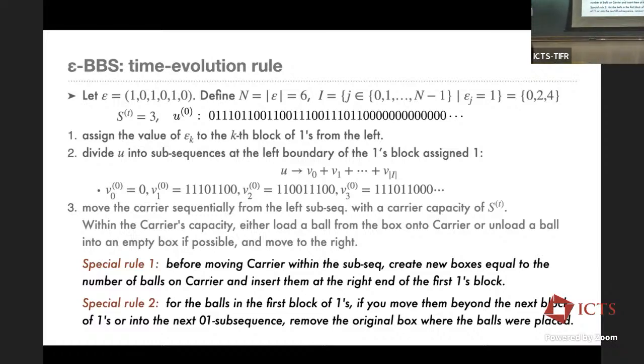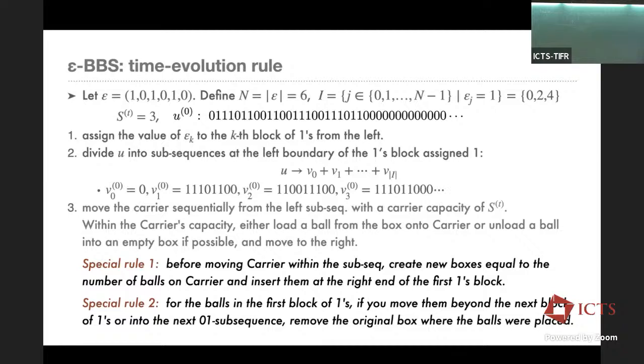For example, in the Laurent case, we put a wall in front of the left boundary of the ones and then move inside. Whatever is extra now goes to the next one. This ball just moved to here, and also this one moved to here. This is the Laurent box and ball system.